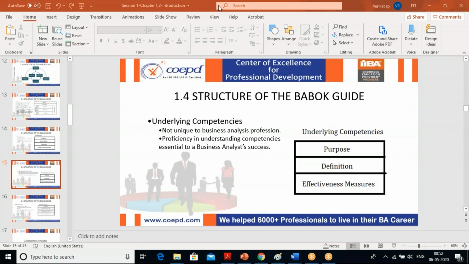In communication skills, we should know verbal communication, non-verbal communication, written communication, and listening. In interaction skills, we have facilitation, leadership and influencing, teamwork, negotiation and conflict resolution, and teaching.